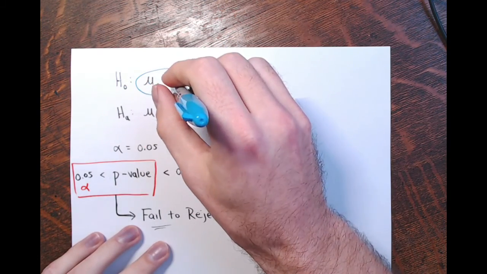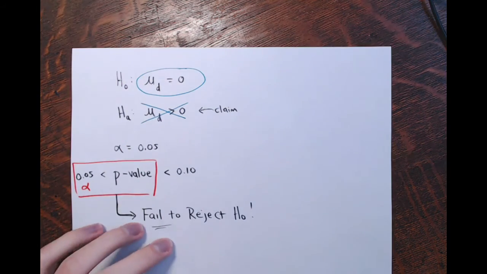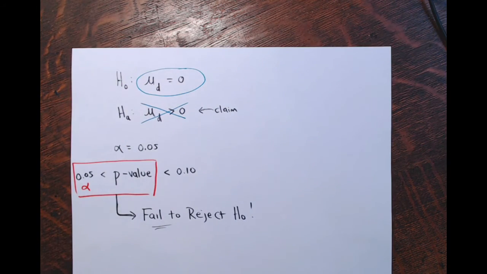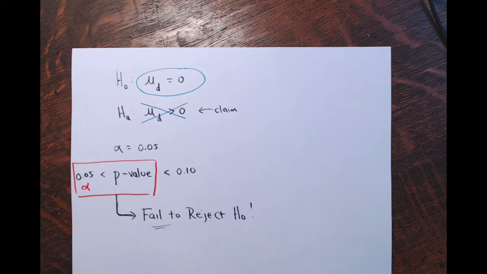And if we're keeping that statement, it means we're not accepting the other statement. So we're not supporting the claim. We would say here that there's not enough evidence to support this statement that husbands are older on average than their wives.